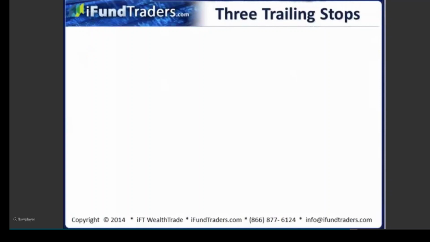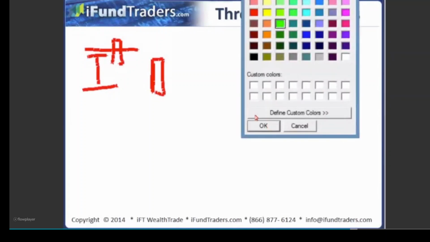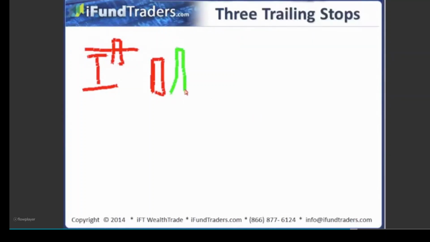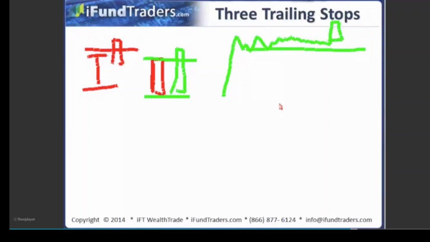So we know, for instance, that when you buy a bottoming tail bar, an elephant, or a bull 180 setup, let's say, we know the initial stop.